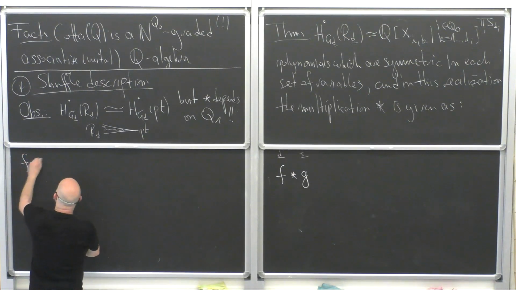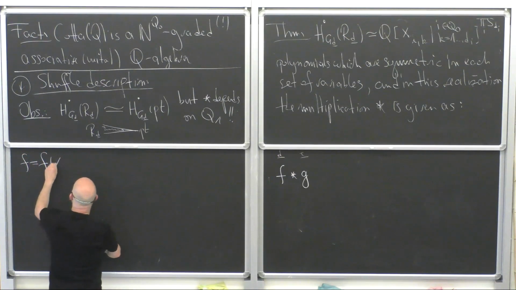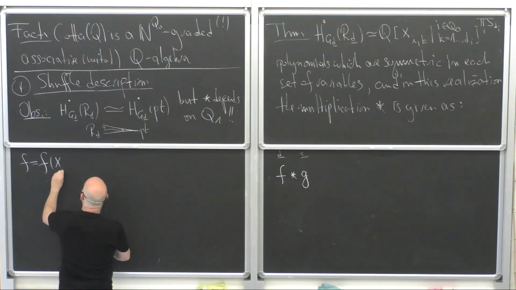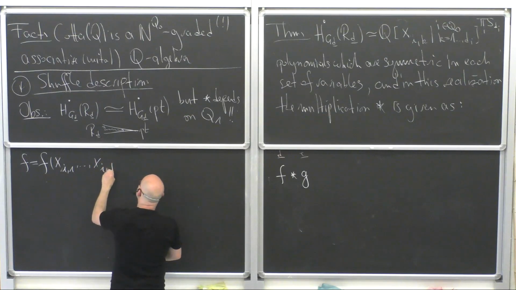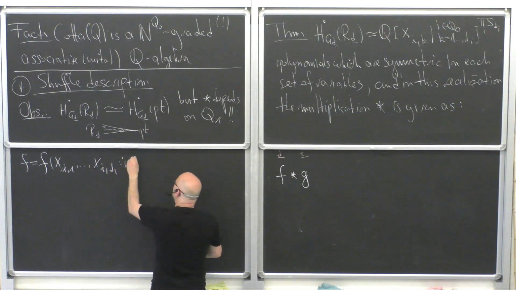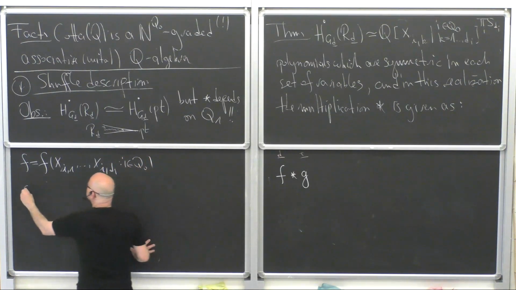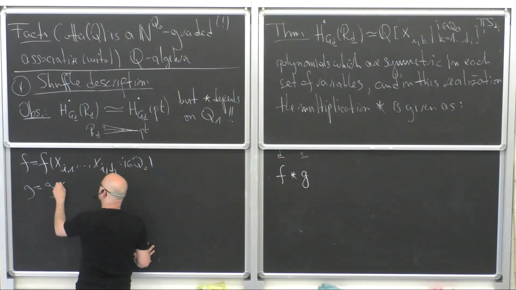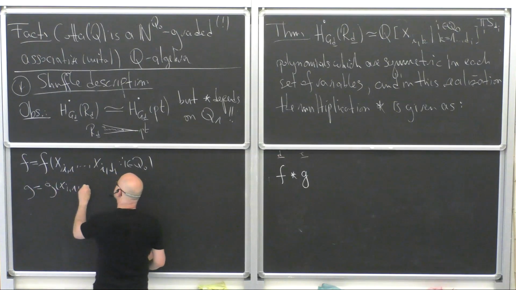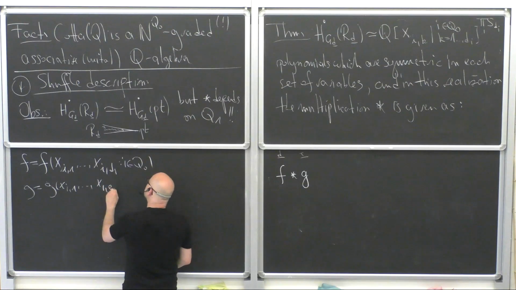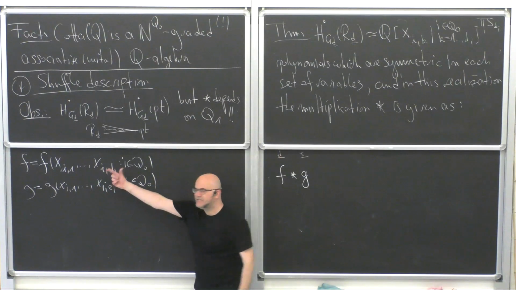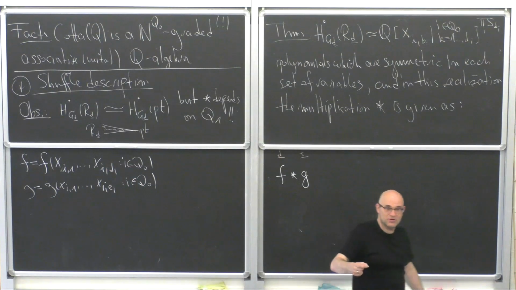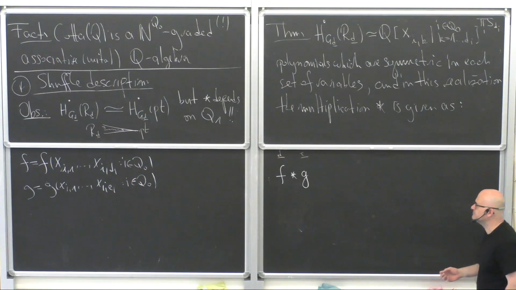So f is a polynomial in variables xi1 to xi di, but then for all i in the quiver. And g will be a polynomial in variables xi1 to xi ei for all i in Q0. And in each set of variables, the polynomial is symmetric. Yeah?